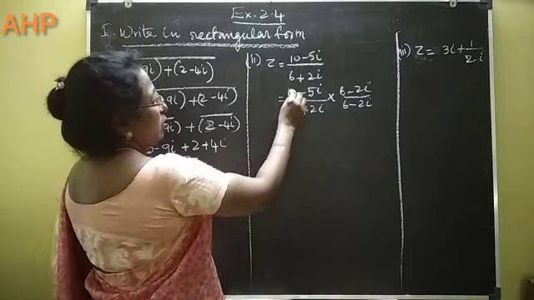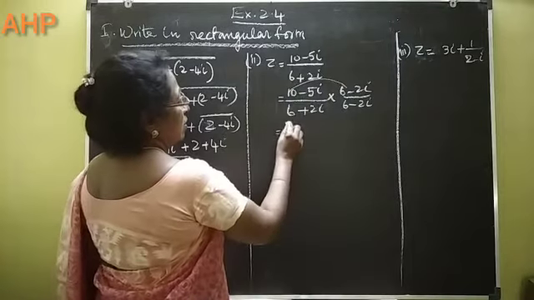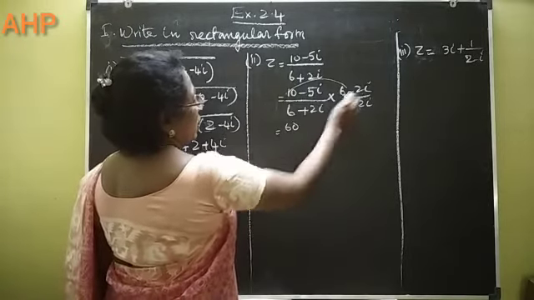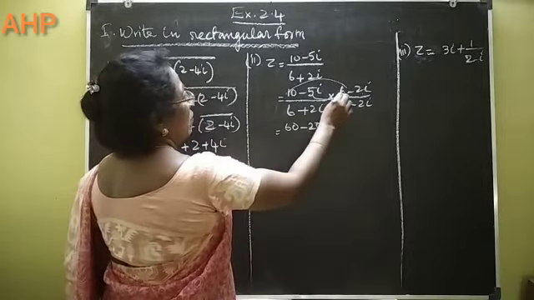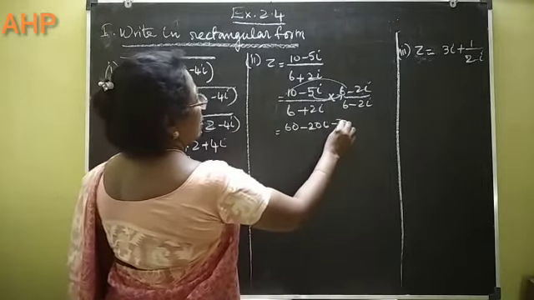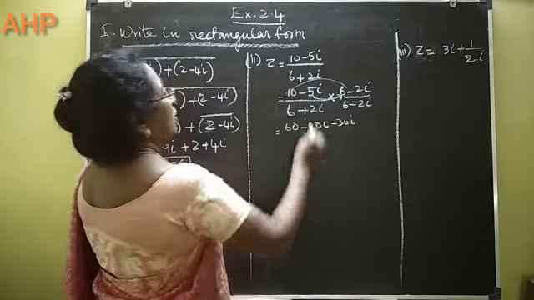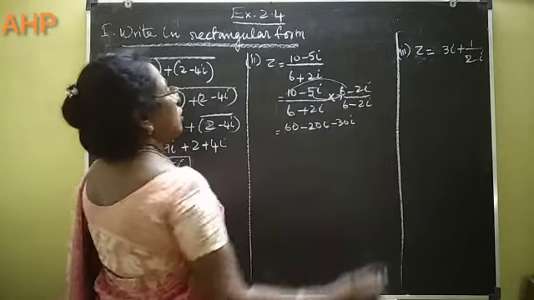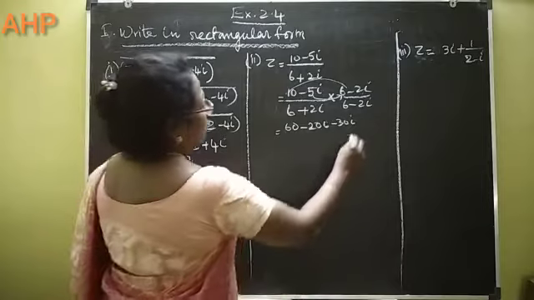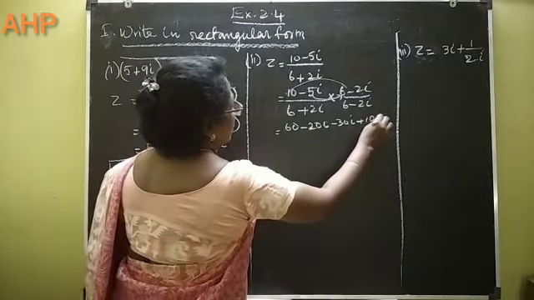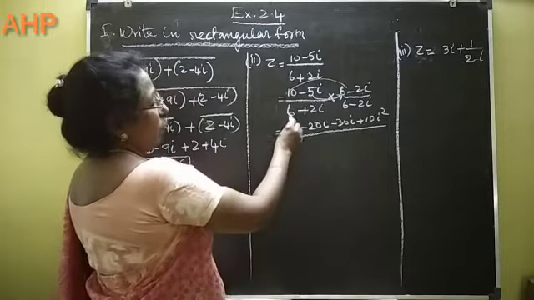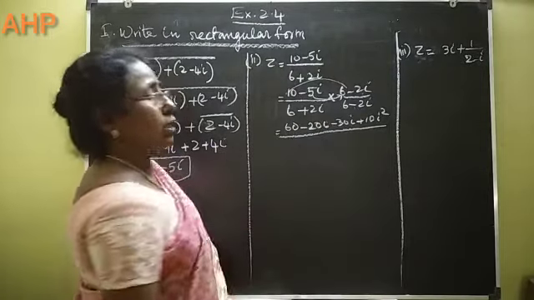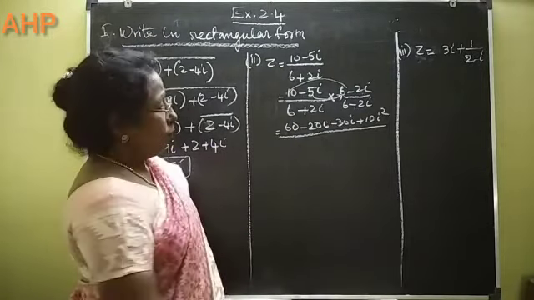So this is equal to 10 into 6, 60, 10 into minus 2i, minus 20i, then minus 5i into 6, minus 30i, minus 5i into minus 2i, plus 10i square, divided by, now this is of the form a plus b into a minus b, therefore a square minus b square.